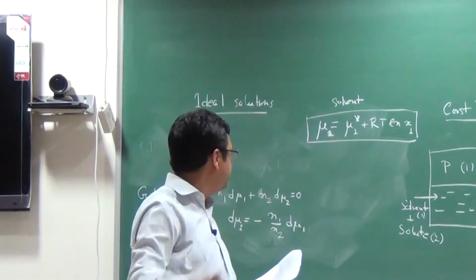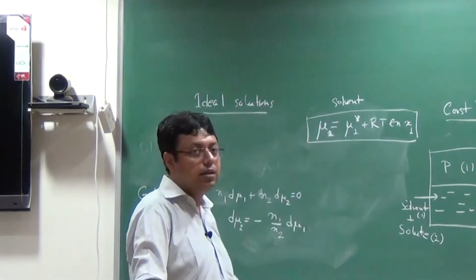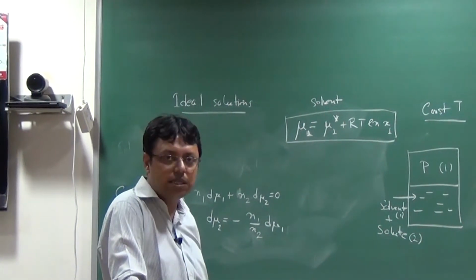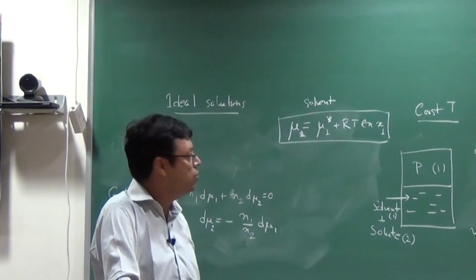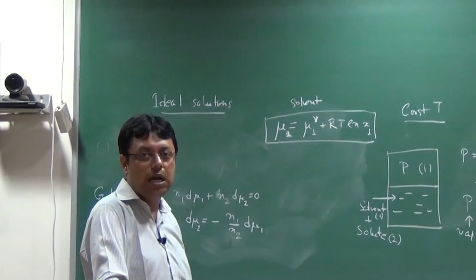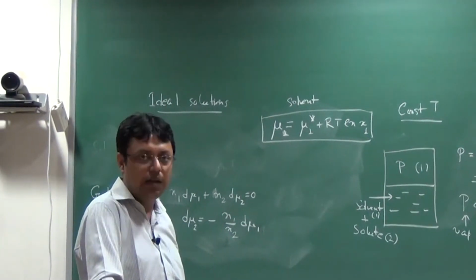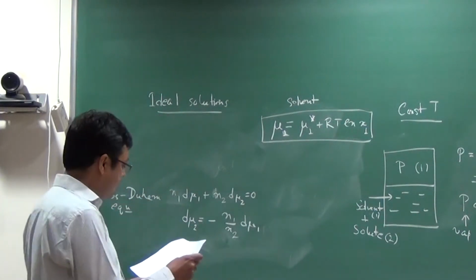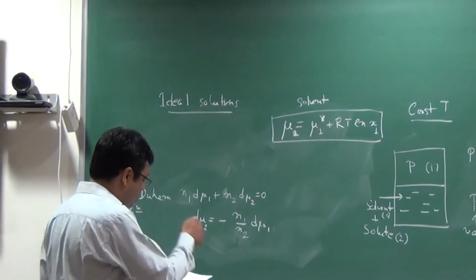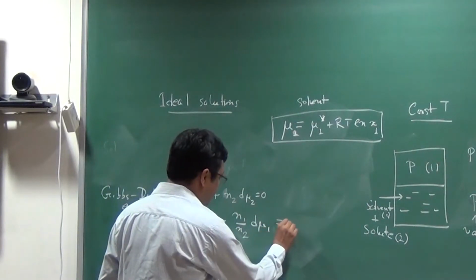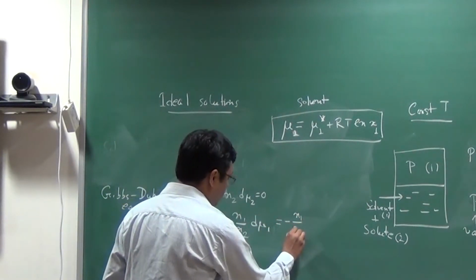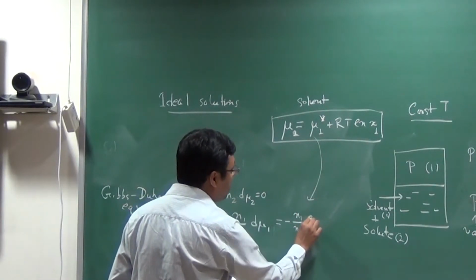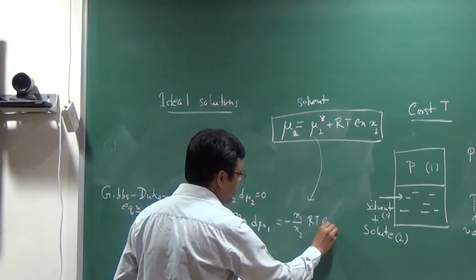We already wrote what mu1 is. So d mu1 will be d of mu1 star, but mu1 star is a constant, so that is 0. I'll have RT divided by x1 dx1. Clear? So I can write it as minus n1 by n2 from this, and I'll have RT ln.